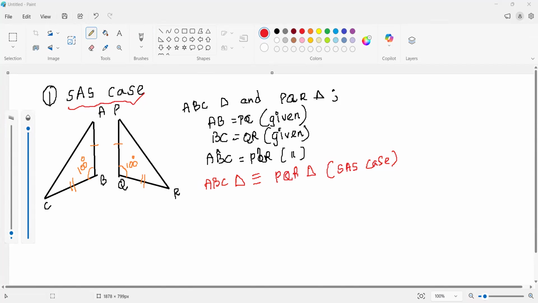Two sides and one corresponding angle should be there. Not only the angle, it should be a corresponding angle.